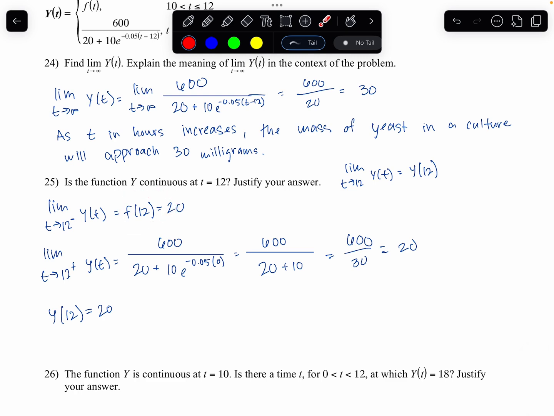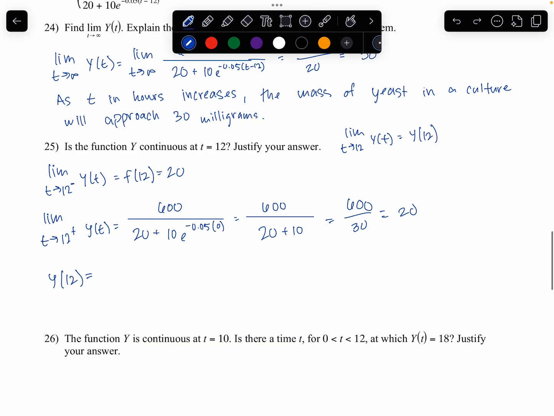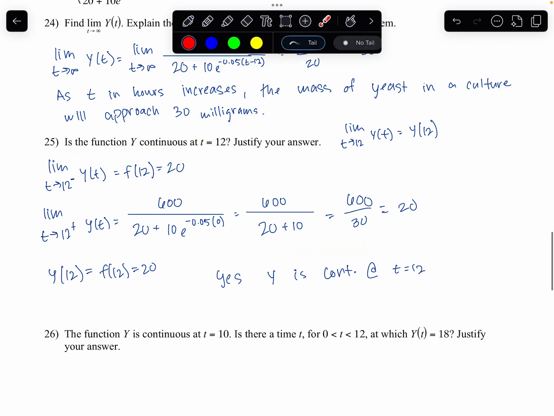Plugging in 12 here gives f of 12, which is equal to 20, which is how we evaluated the limit up here. All right, so yes, y is continuous at t equals 12, and I think our justification is good right here.